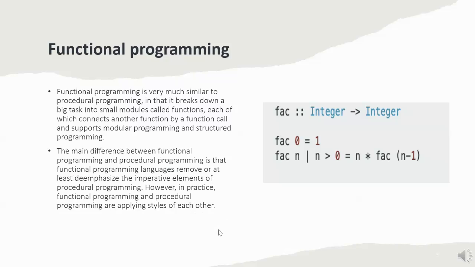The main difference between functional programming and procedural programming is that functional programming languages remove or at least de-emphasize the imperative elements of procedural programming. However, in practice, functional programming and procedural programming are applying styles of each other. Languages that support functional programming include Lisp, Python, Erlang, Haskell, etc.